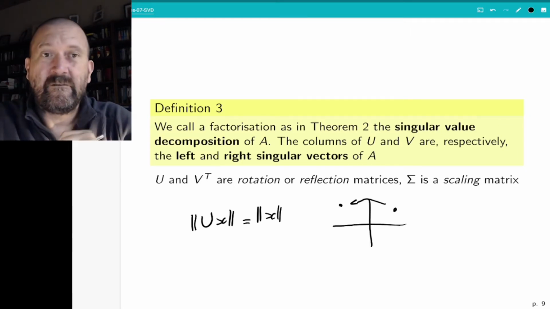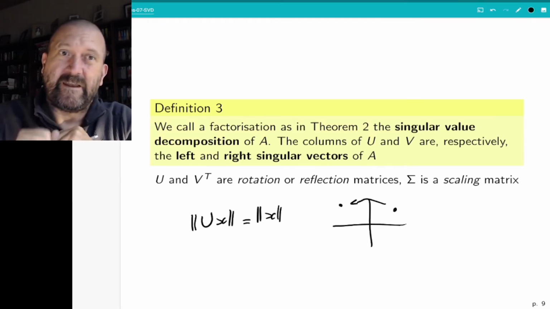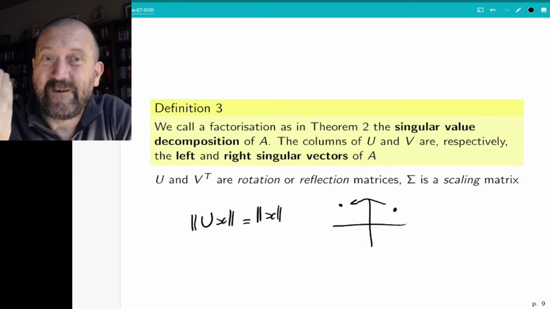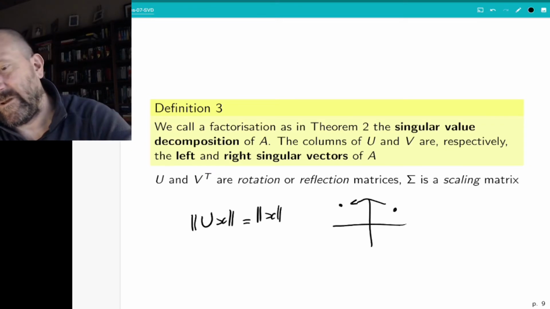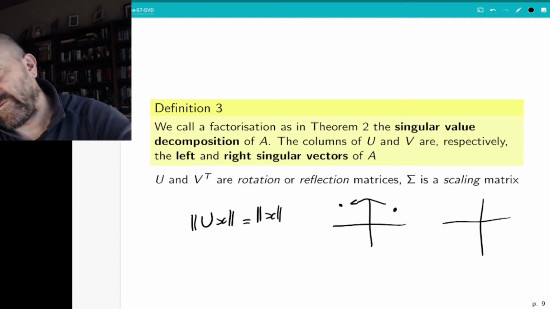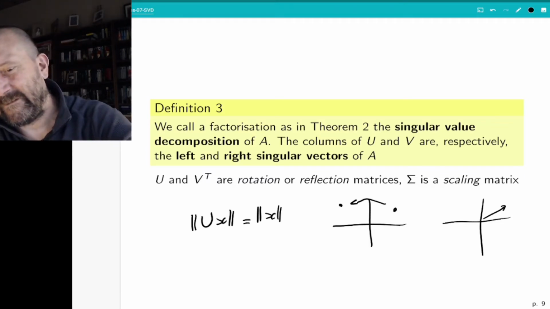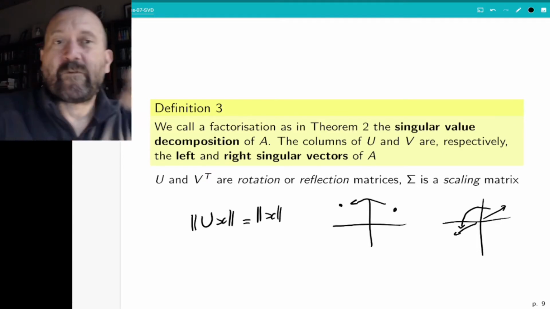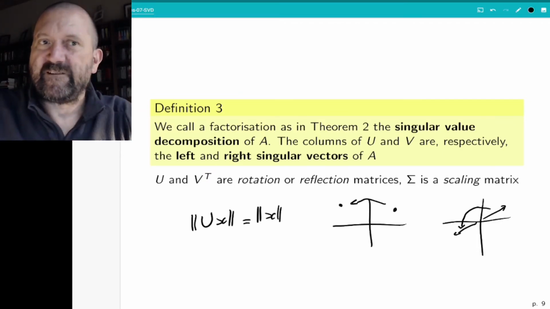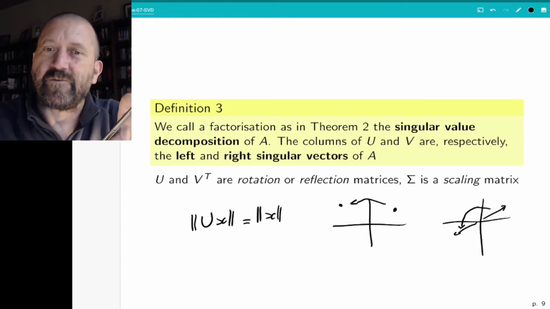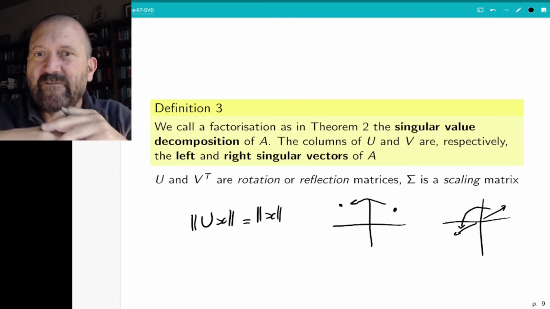If I'm reflecting about the y-axis, I'm not changing the length of the vector. And in the same way, for rotations, if I show a vector and rotate it up to here, the vector does not change length, it simply changes orientation. So what the matrices U and V transpose do is rotate or reflect vectors.